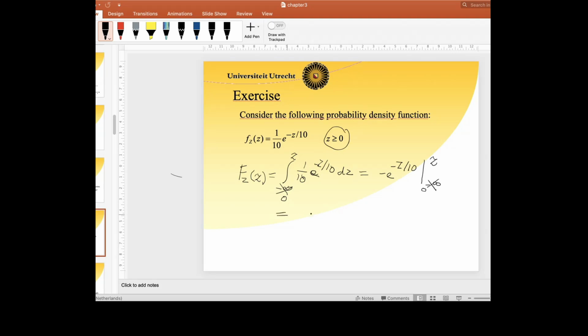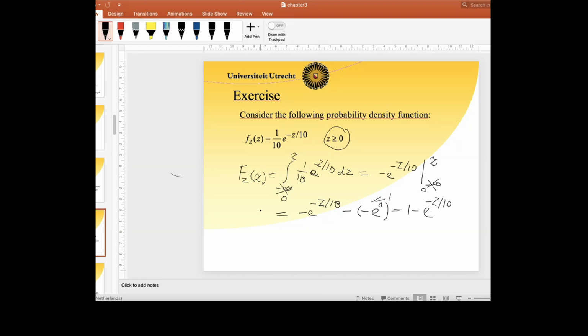So this ends up being minus e to the power of minus z over 10 minus minus e to the power of 0, and this is equal to 1, so this is 1 minus e to the power of minus z over 10. So this is the cumulative probability distribution function.